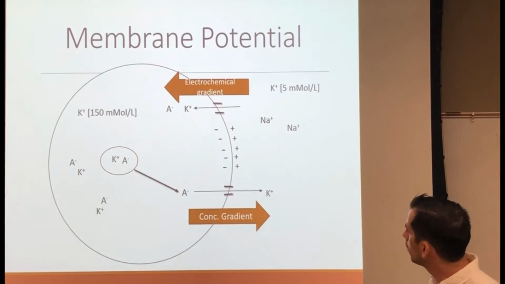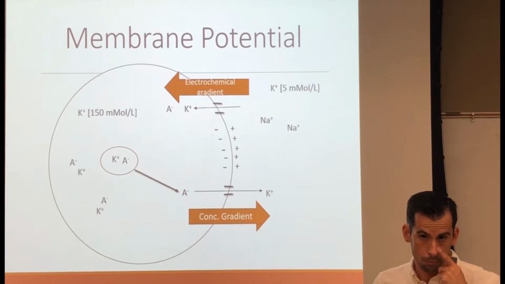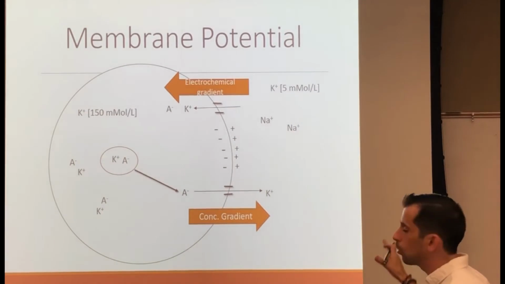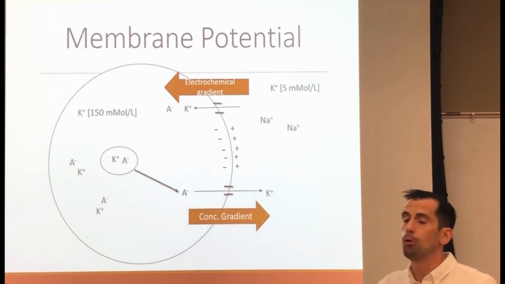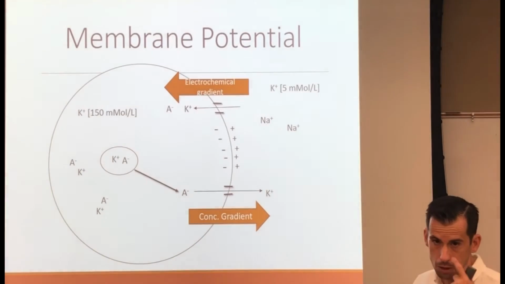But now we go back to the phenomena of positive charges and negative charges attracting each other. Now that we have those positives that we're allowed to leak out, we're going to see an opposite force simply pulling them back in. That's what we call an electrochemical gradient.